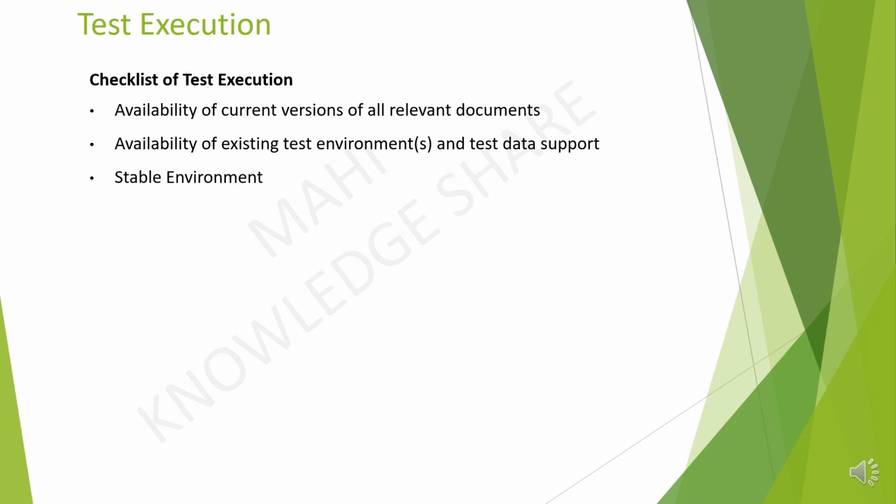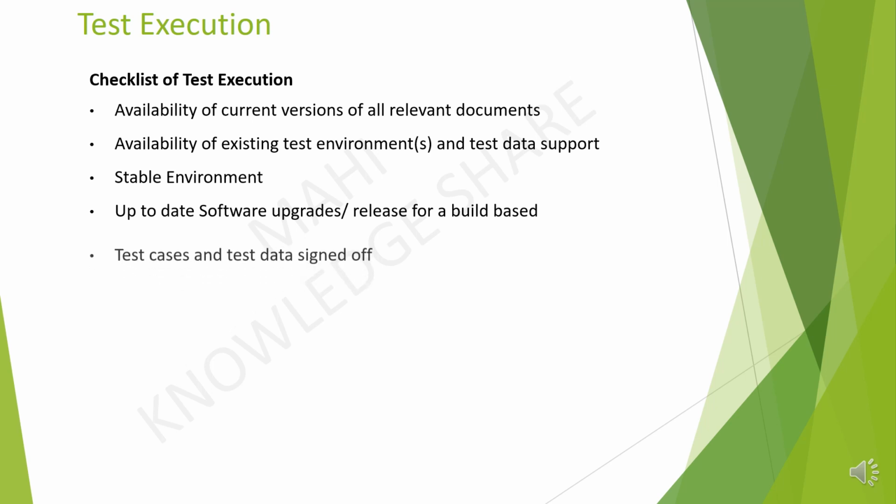The testing team should be provided a stable test environment. Checklist number 4. The software the team is using should be upgraded to the latest release. Checklist number 5. Test cases and test data should be completed before test execution phase and should be signed off.